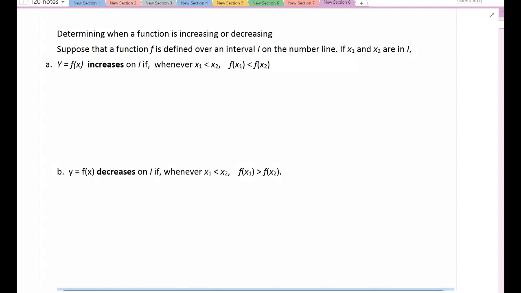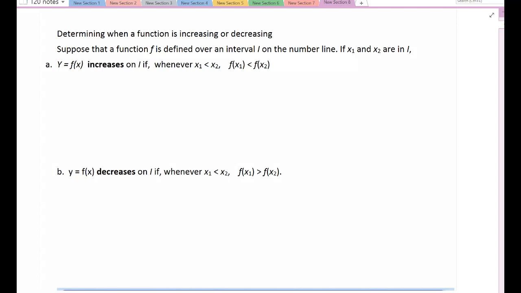Alright, so first of all, the definition of increase and decrease. A function is defined over an interval I, which just means some interval. Usually we talk about its domain, but it could be just a piece of the function if we wanted. x1 and x2 are values in the interval, again usually the domain, but we don't necessarily have to limit ourselves to the domain.